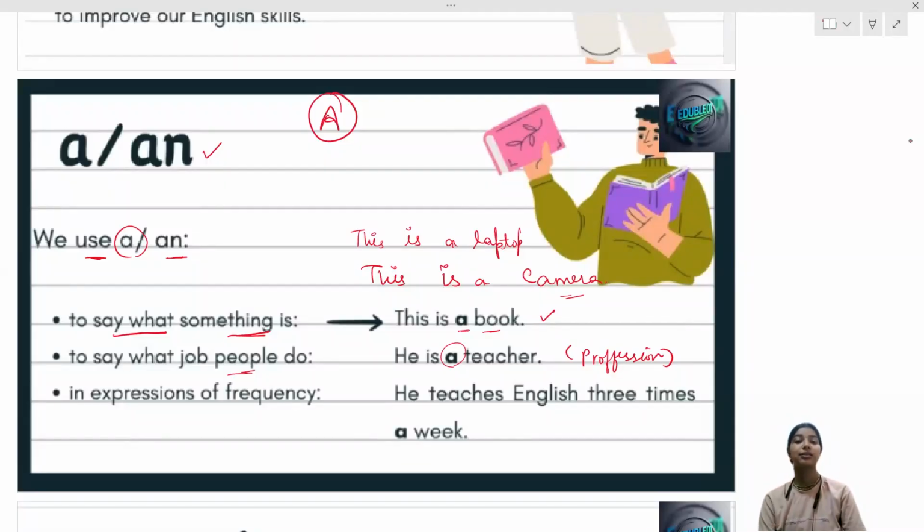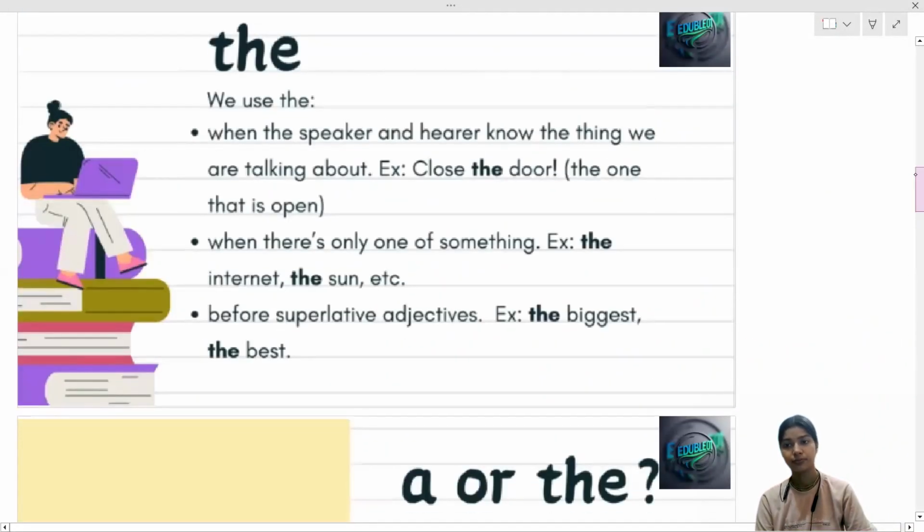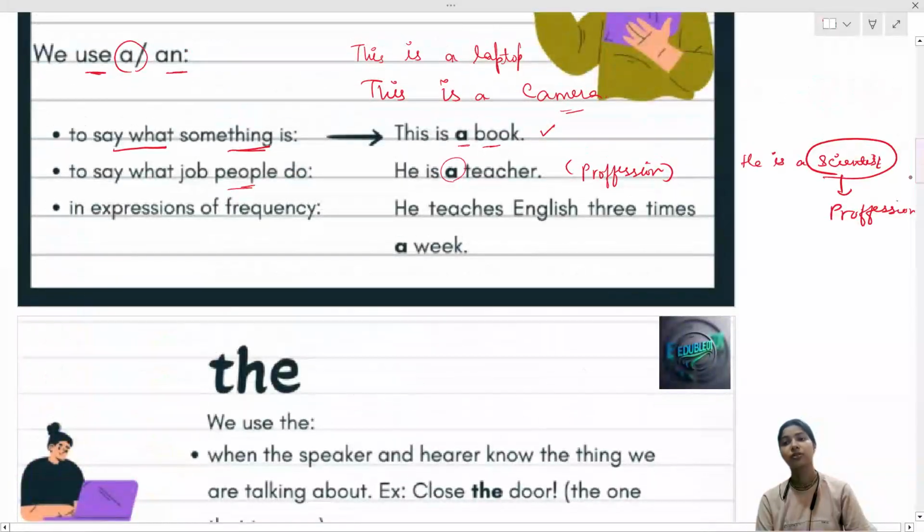Just like he is a teacher, we can say he is a scientist. Here, the word scientist is telling us somebody's profession or somebody's job. So there we are using the article a.